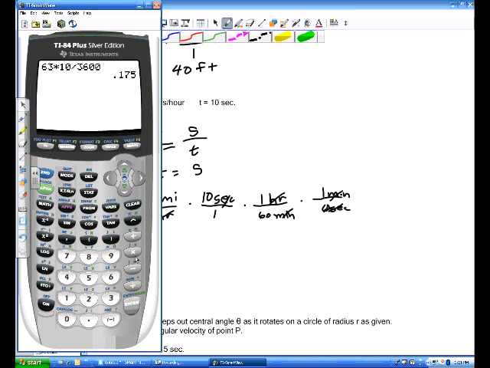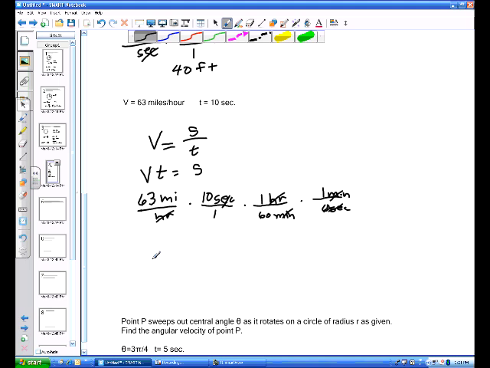So that would be 0.175 miles is how far we have traveled. So we had to do some dimensional analysis there to be able to come up with that value, the distance that we had traveled. Okay, let's look at another one.